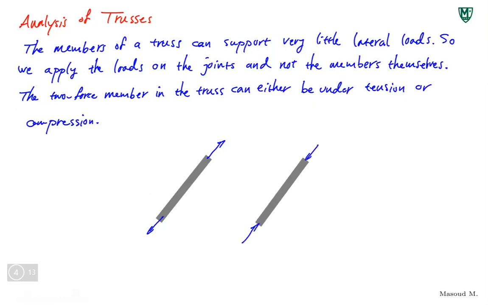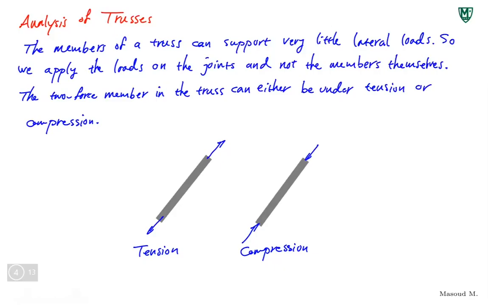Think about them like springs. It's either tension or compression. You can't really apply lateral load to a spring. So this is under tension. This is under compression. And that's why it's easier to analyze a truss than a frame or machine, because in a truss, there is one thing established.